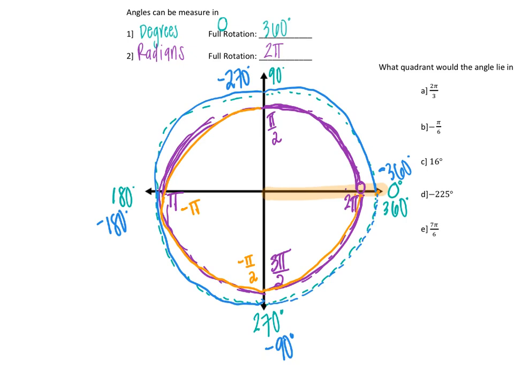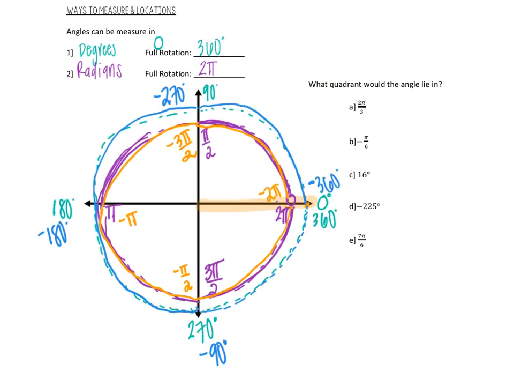Pi over 2, if we go back another pi over 2 radians, would be the same thing as negative 3 pi over 2. And then if we make it all the way around backwards, a full rotation, that is the same thing as negative 2 pi. So those are some key quadrantal angles, key axis angles to keep in your brain, especially as we dig into the unit circle more.